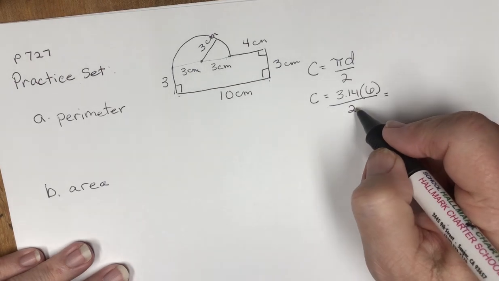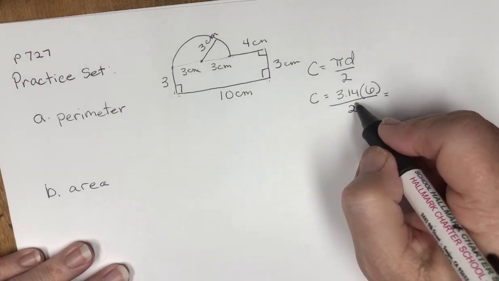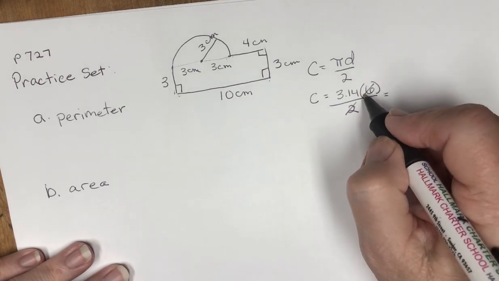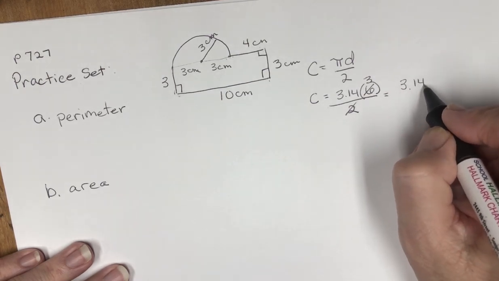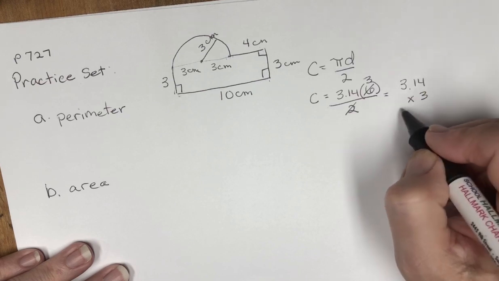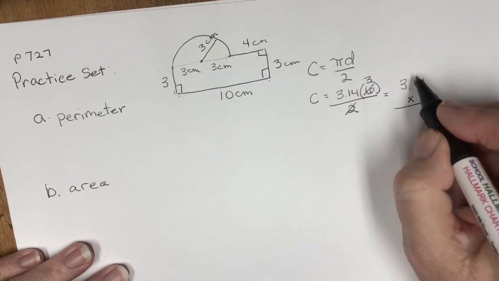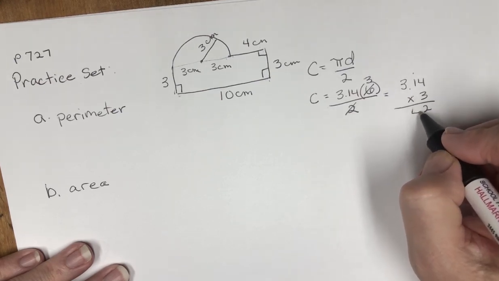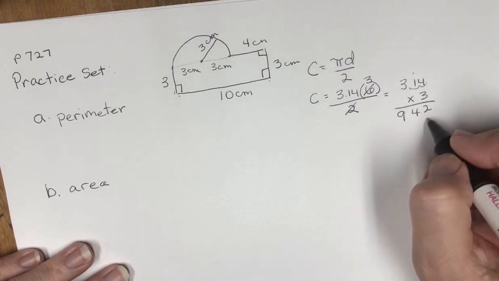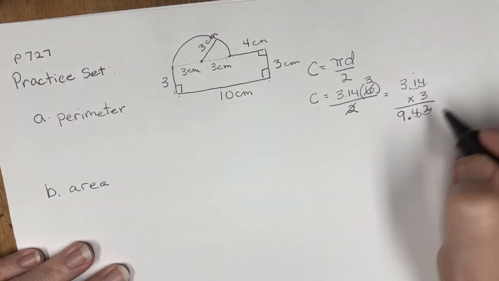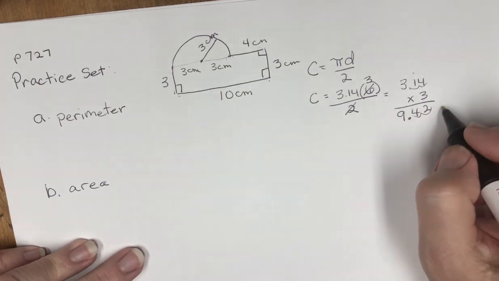So I can actually cancel this out first before I do all the multiplication. 2 divides into 6 3 times. And now I can take 3.14 multiplied times 3, 12, 4, 9. Move over 2 places. All right, there is my circumference.